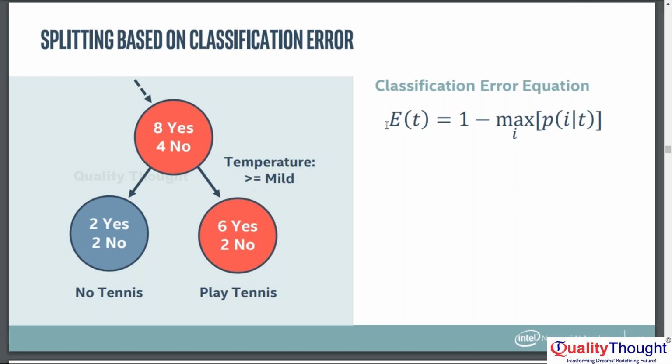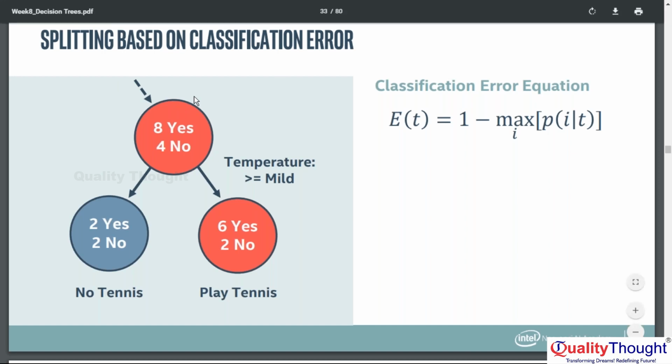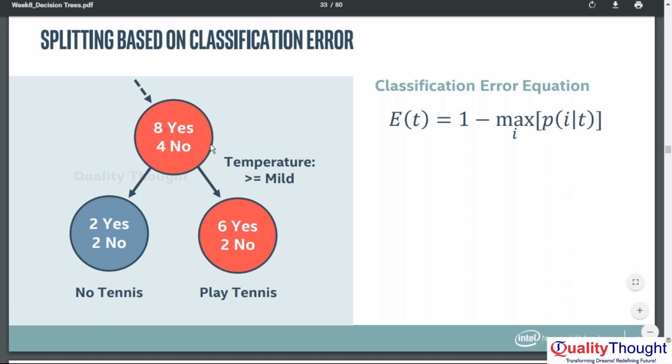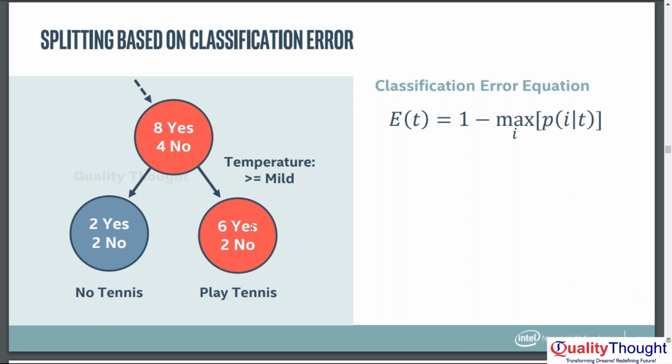Let us forget about this particular equation for now. Rather, you can see clearly the splitting based on the classification error. 8 people say yes, 4 people say no. And if you go ahead, 6 people say yes and 2 people say no, and 2 people say yes, and you are giving higher priority to the total number of people saying yes.